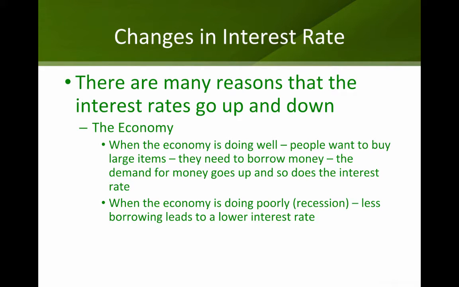Interest rates work similarly. So the more people want to borrow, the more demand for borrowing, and the banks can increase their interest rates. However, when the economy is doing poorly, people are not working as often, they're not taking vacations, they're not buying larger items, therefore fewer people are borrowing, and this leads to banks having to lower their interest rates to make borrowing attractive.